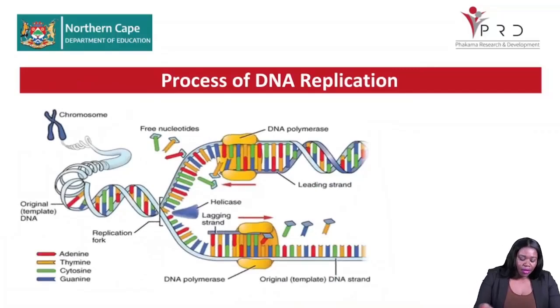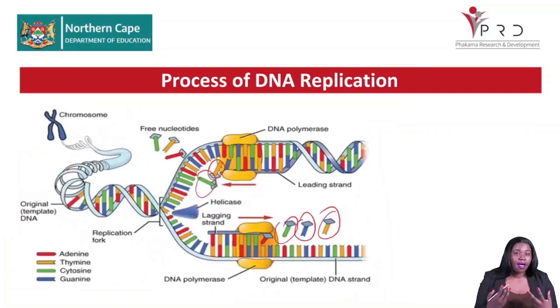As you can see here, it started off as a double helix. The double helix unwound. As it unwound, it was now a ladder-like structure. Then it unzipped. As it unzipped, the weak hydrogen bonds broke. That allowed the free nucleotides to pair with the complementary bases.